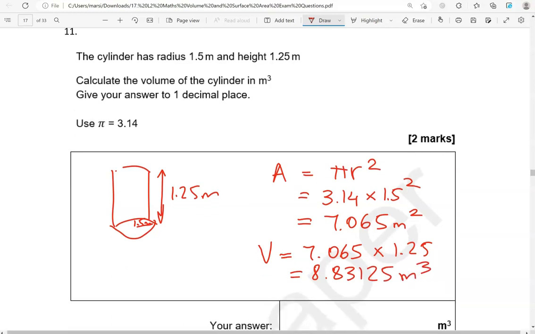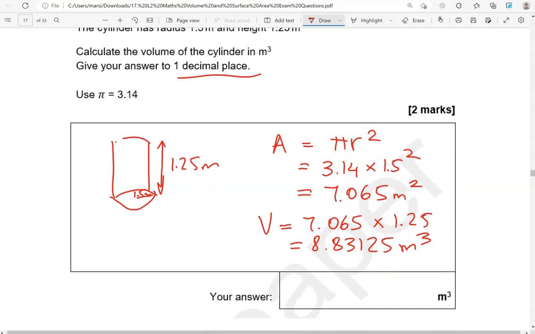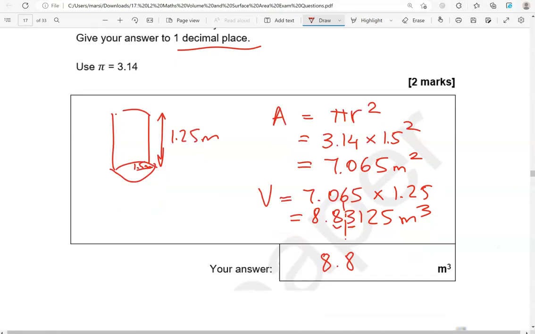We've got to give our answer to one decimal place, so this will be the cutoff point. Looking at the 3 means we've got to round down, so we're going to keep this as 8.8 cubic meters.